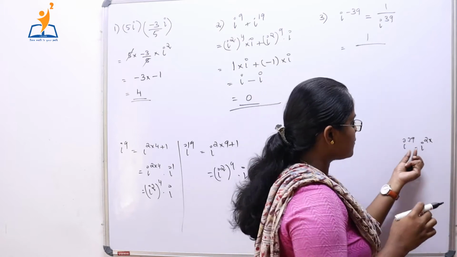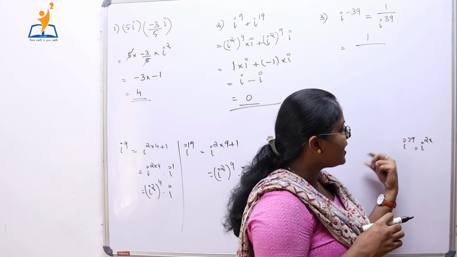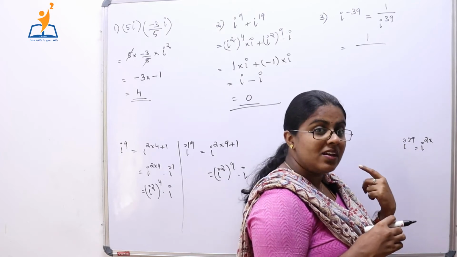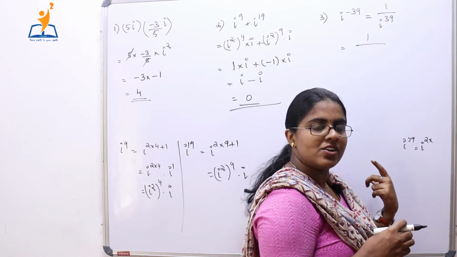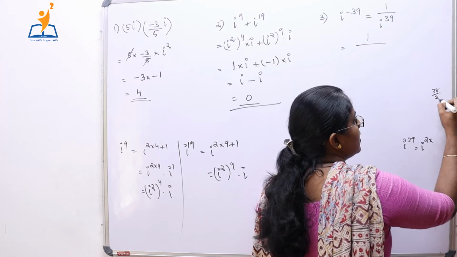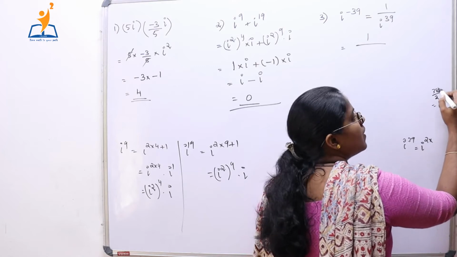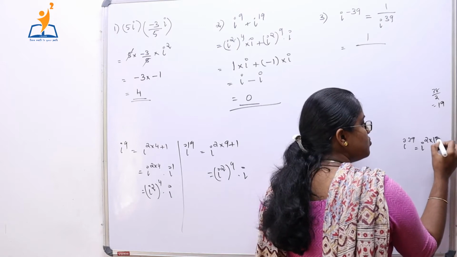We will always assume like this. We want to find i raised to 39. We will find the nearest even number less than 39, that is 38. 38 by 2 is 19. So we will write it as i raised to 2 into 19.